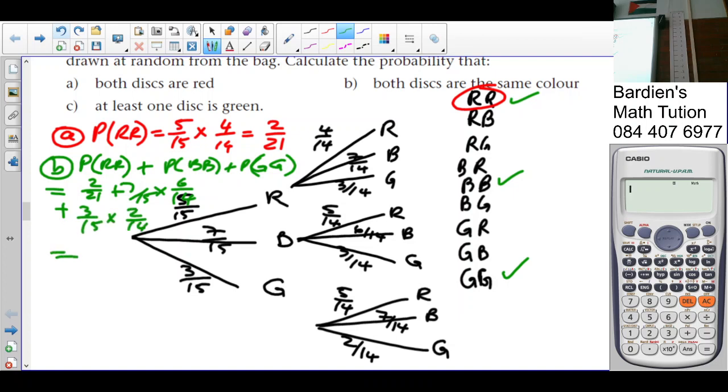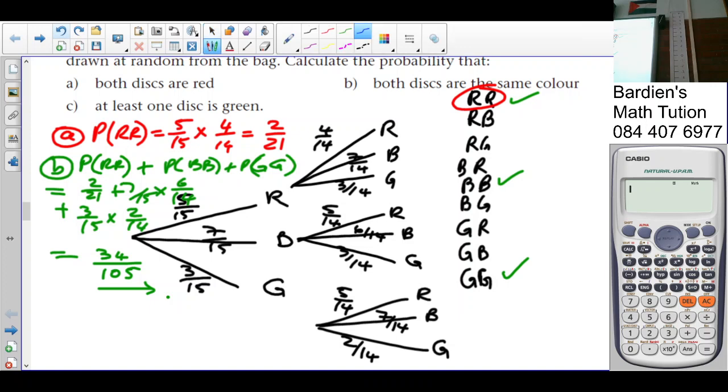That gives us 34 over 105. Any confusion there? You all understand?